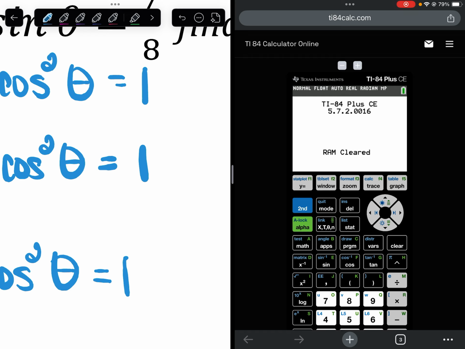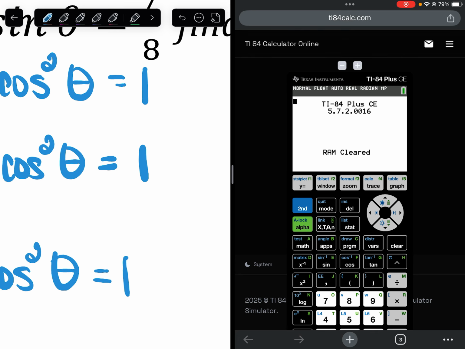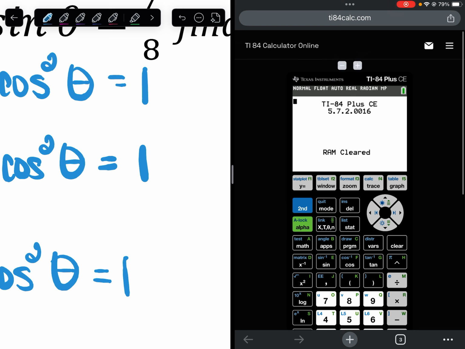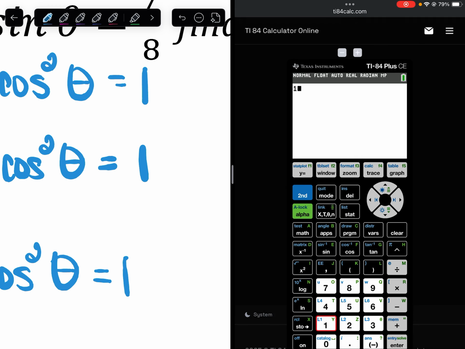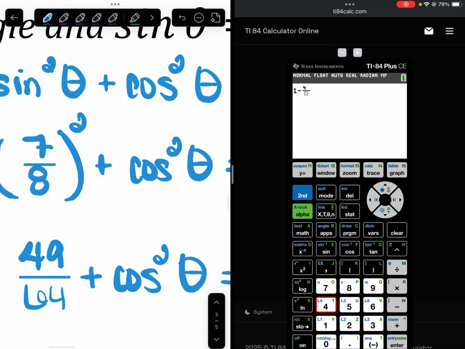So then we move it over. So we do our 1 minus 49 over 64.